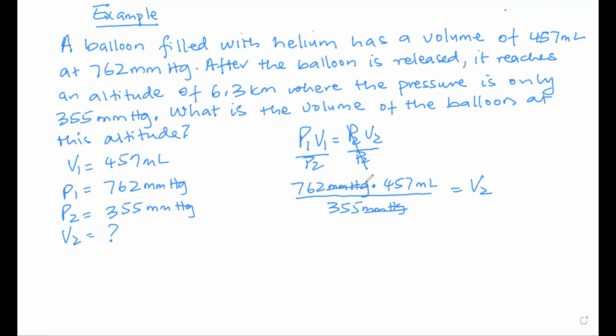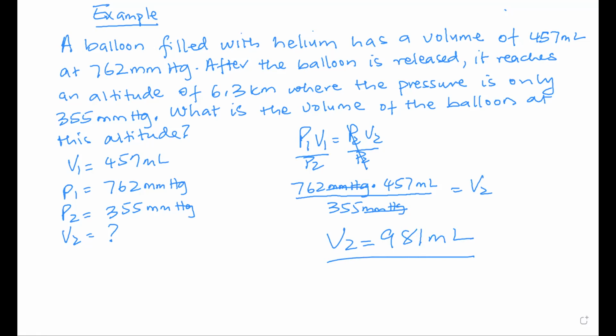You punch this in your calculator. The answer will be, to three significant figures, V2 will be 981 milliliter. Sometimes your teacher may tell you to change it to liters. So that's the answer to that example.